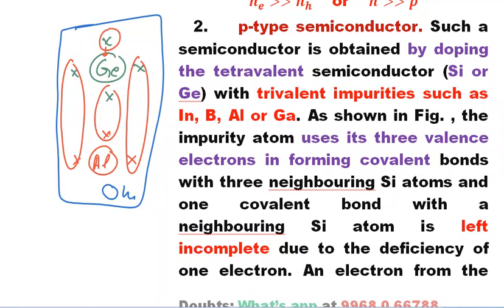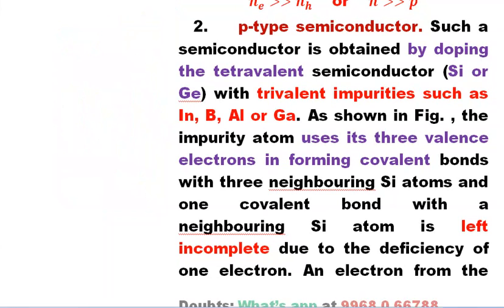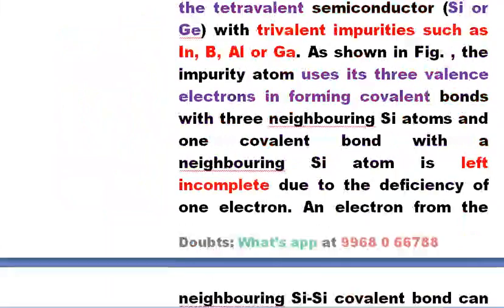Again, as a whole, there is no net charge here, as neutral germanium is doped with neutral aluminum. But the number of charge carriers is more here compared to an intrinsic semiconductor. That's our other type, the p-type extrinsic semiconductor.